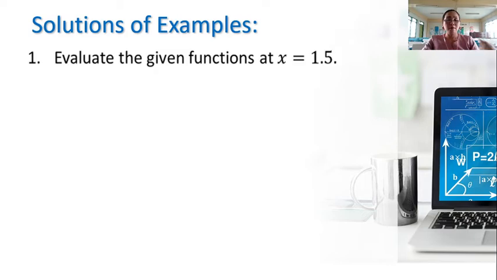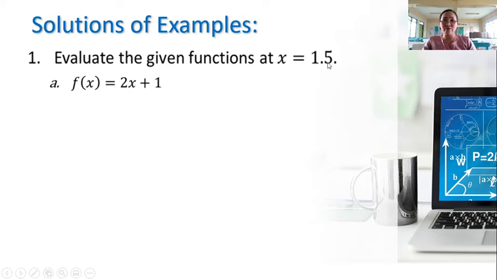Now, to evaluate the given functions at x equals 1.5, let's start with letter A, the function f of x, which is equal to 2x plus 1. Remember, our x has a specified value, and that is 1.5. And so, from the given function, all x's have to be replaced with 1.5.